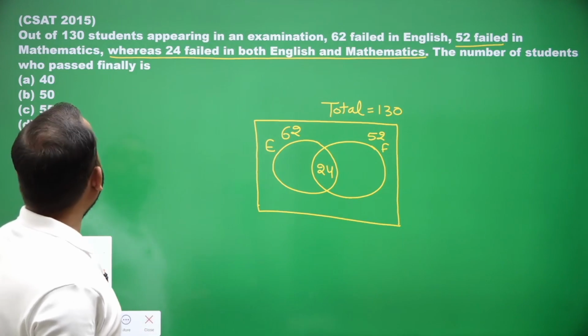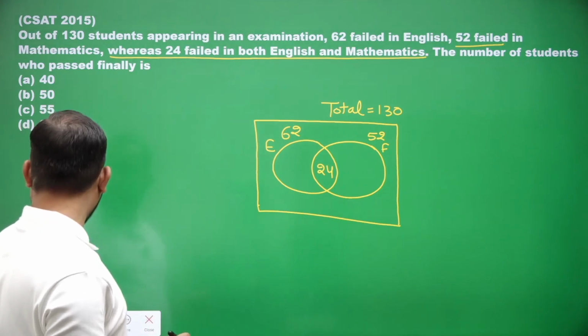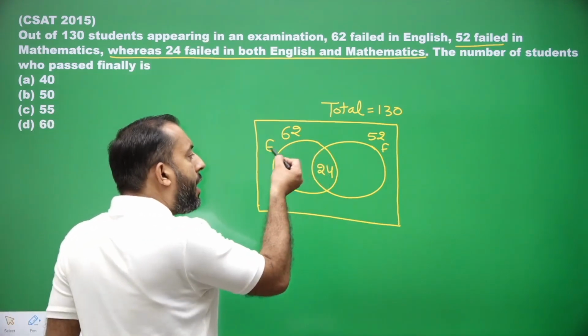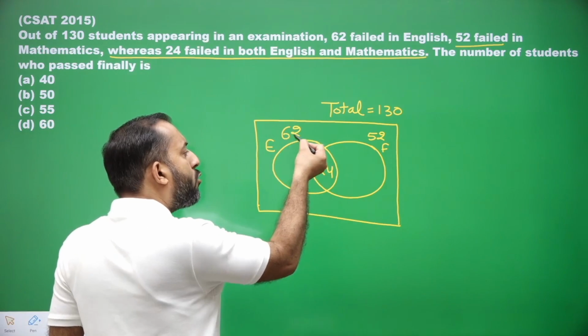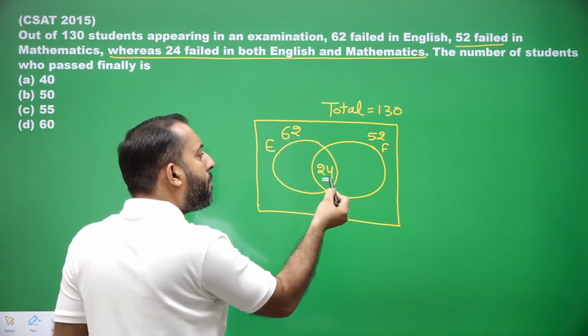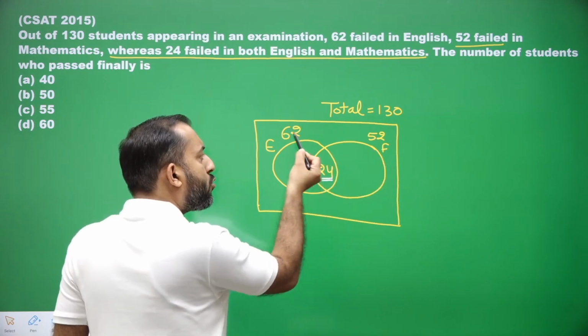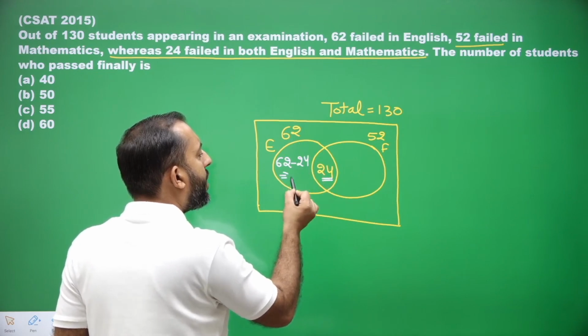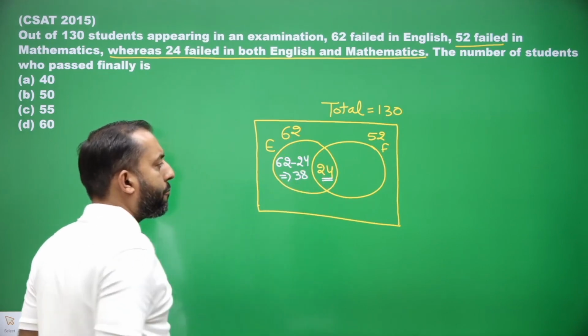Okay, so we need the number of students who finally passed, who cleared the exam. Now, the entire English was 62. Out of 62, 24 failed in maths also. So the value of the remaining region will be 62 minus 24, which is 38.